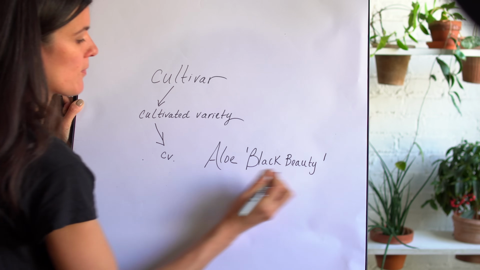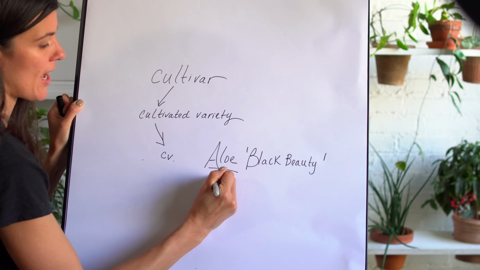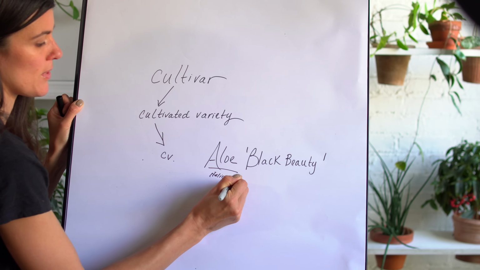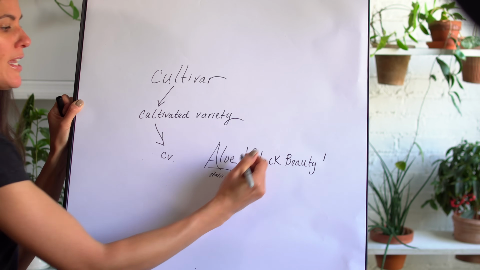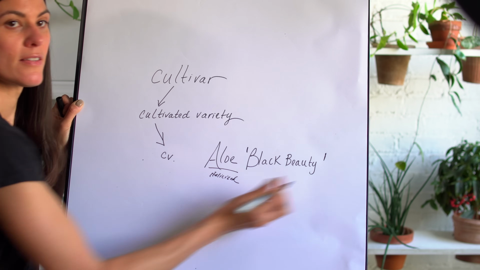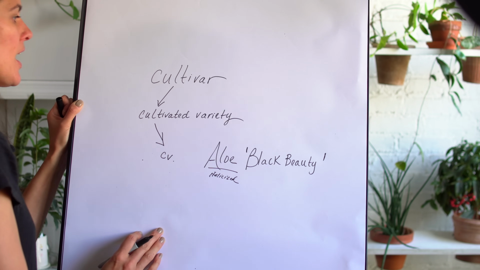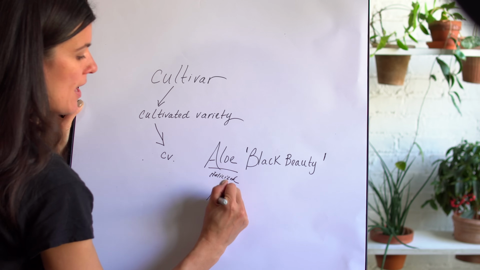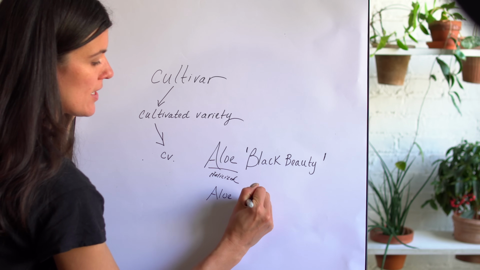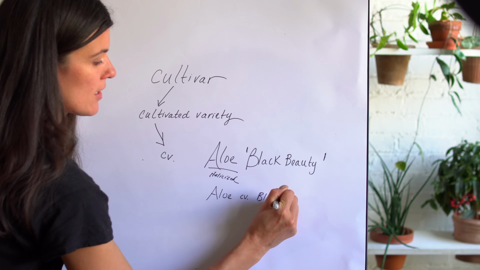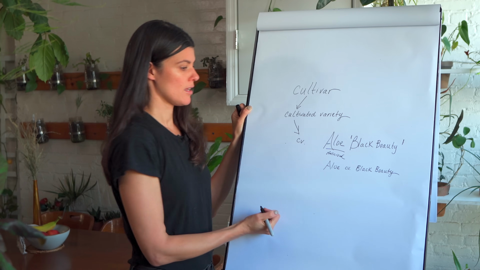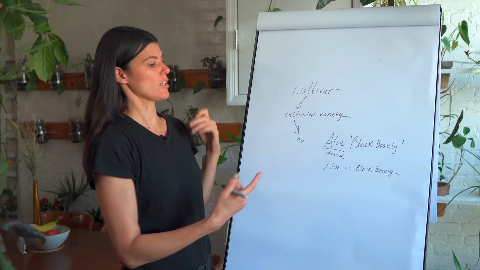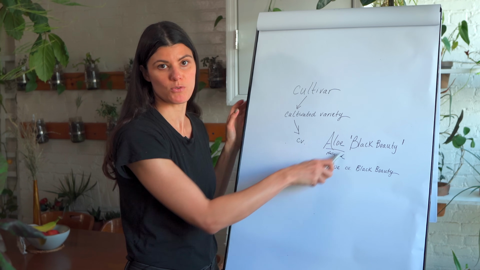Now you can't tell with my writing, but the Aloe would be italicized because it's the genus. And then this would be in single quotations, or it could be Aloe CV Black Beauty. That could be another way that you would do this, and both of those would be correct.